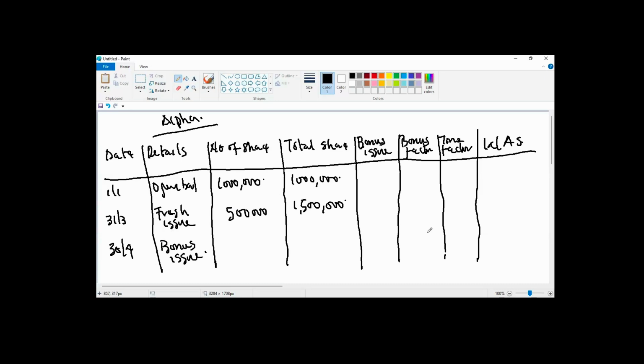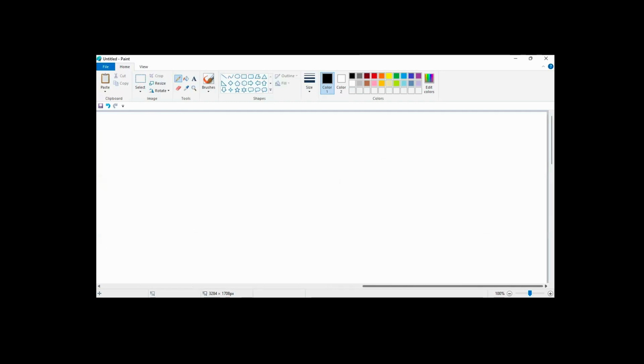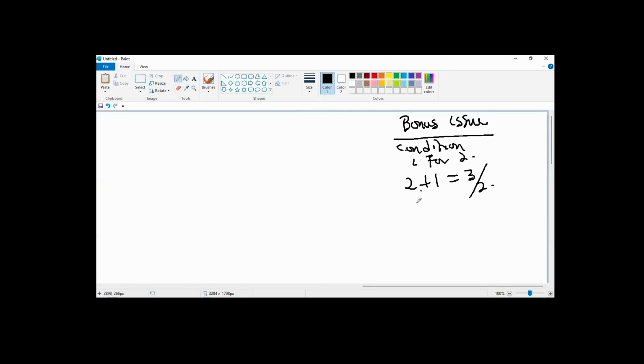That means I have 2, you are giving me 1, making 3. Divide by what I have. Number of shares for the bonus.